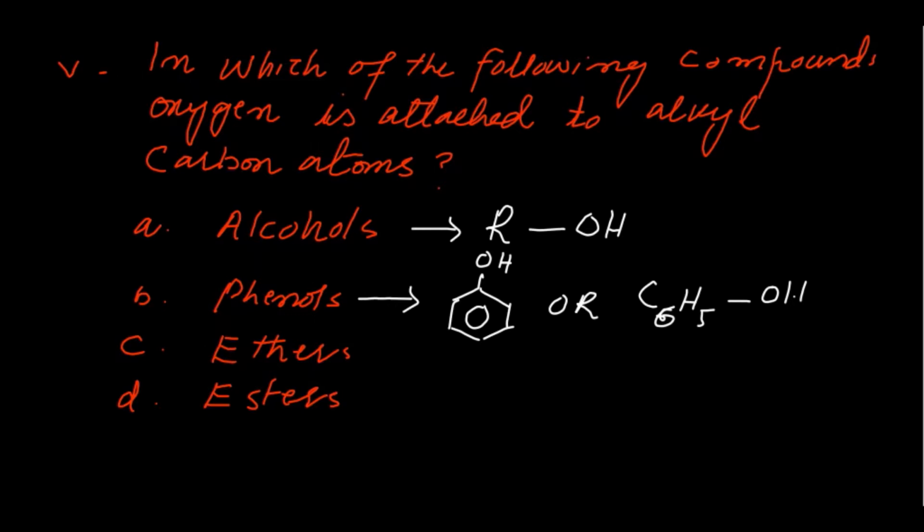Ether is given, right students? And here we will write the general formula for ethers. The general formula for ether will be R O R. This is the general formula for ether, right students? And then the next compound which is given is ester. We will write the general formula for ester.